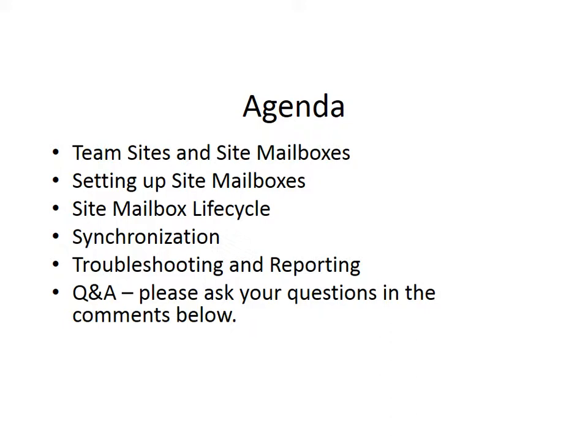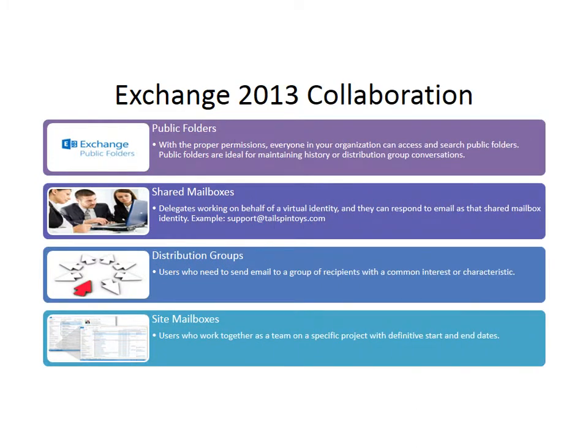Okay, before we start with site mailboxes, I would like to talk a bit about collaboration options that we have in Exchange 2013. I bet you all know about these, but let's get a quick review. Exchange 2013 predecessors like Exchange 2007, Exchange 2010, well, even Exchange 2003 had these three options. Let's start with public folders. Public folders are usually long-term storage of email and other content.